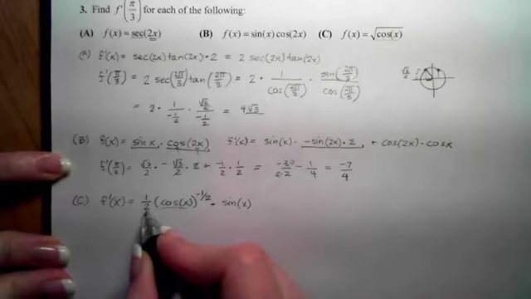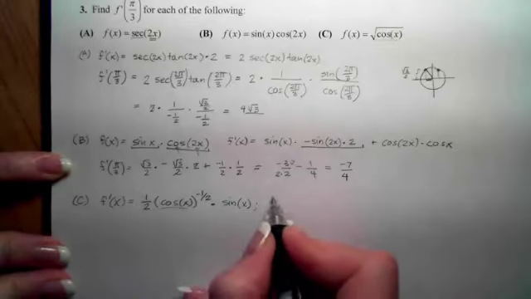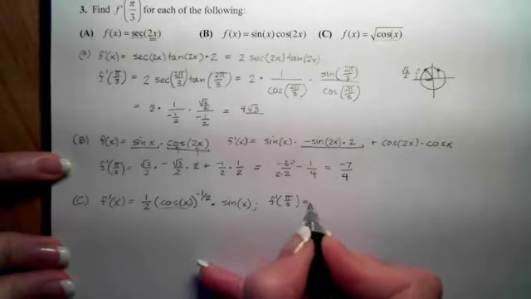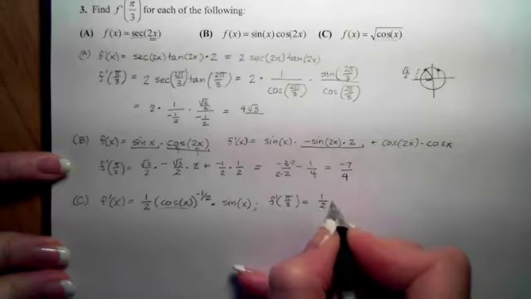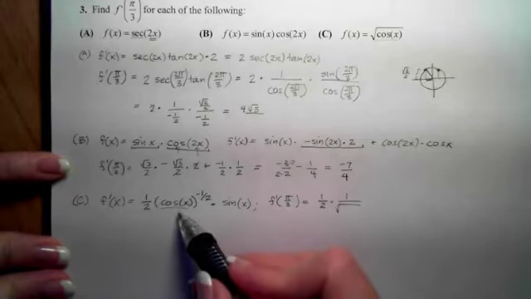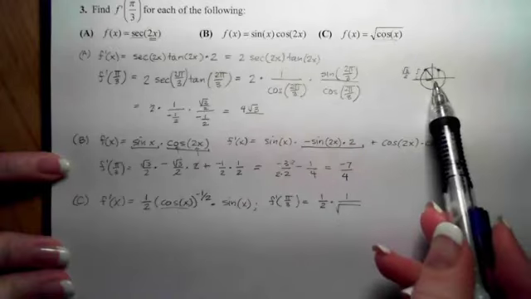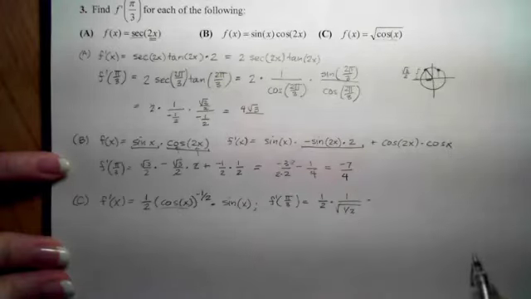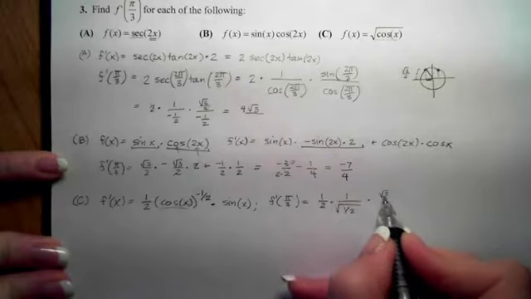Again, we need to compute this at pi over 3. So f prime of pi over 3 will be 1/2 times 1 over the square root of the cosine of pi over 3, which is 1/2, times the sine of pi over 3, which is root 3 over 2.